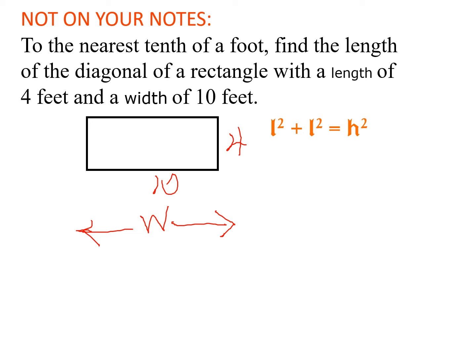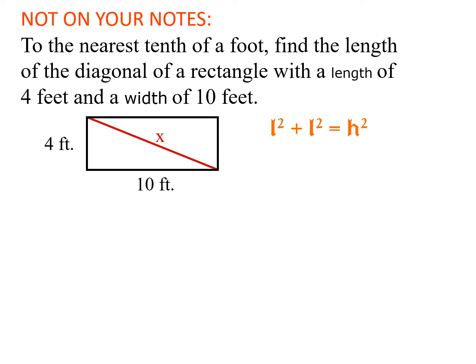All right, so we got 4 squared plus 10 squared. And then with the diagonal, that's what we're talking about. The diagonal is that piece that cuts across from opposite corner to opposite corner. So that's how we can end up using a lot of Pythagorean Theorem problems in different shapes, because you will be able to cut that and make it into a right triangle.